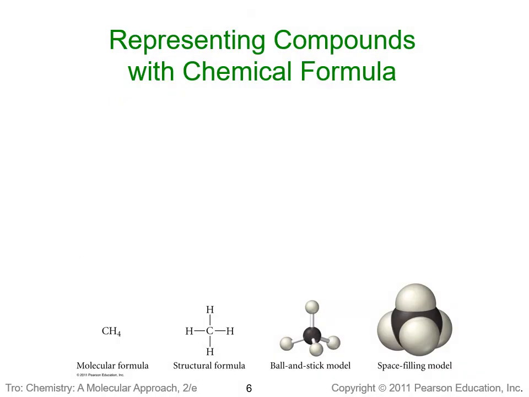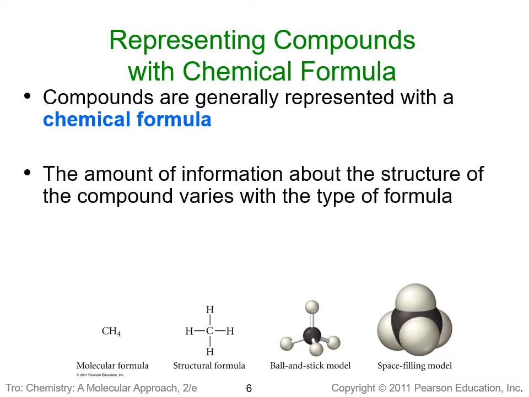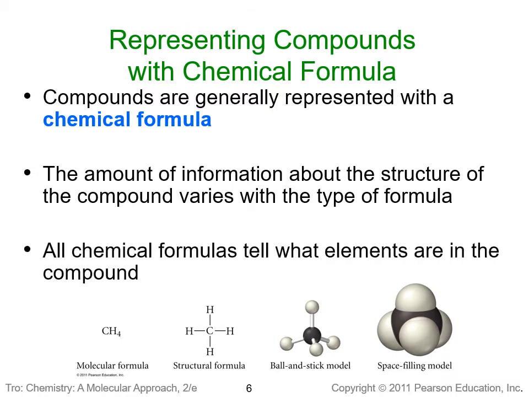Now when we represent chemical formulas, there are lots of different ways that we can represent them, and each one gives us differing amounts of information. The amount of information that we get depends on that type of formula.